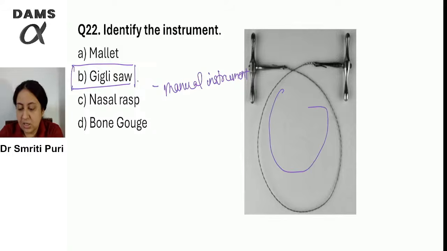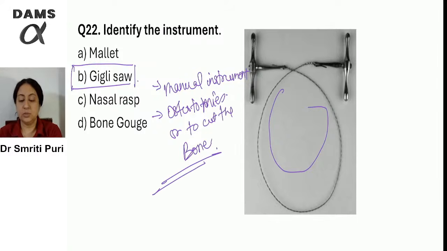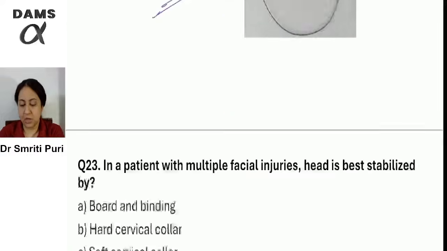A manual instrument used for osteotomies, or to cut the bone. These days we use electric saws to cut the bone. This was used priorly. However, at a few centers, jiggly saw is still being used.